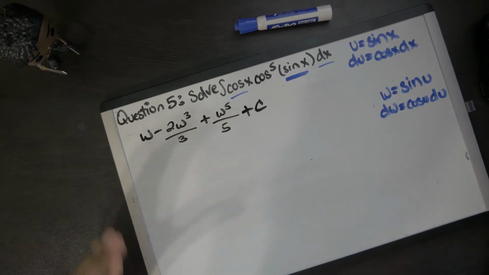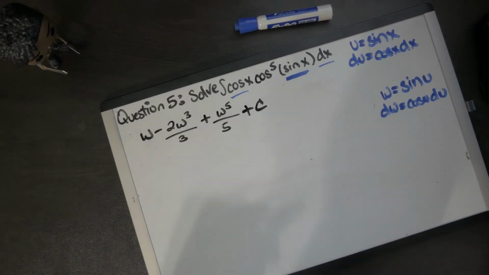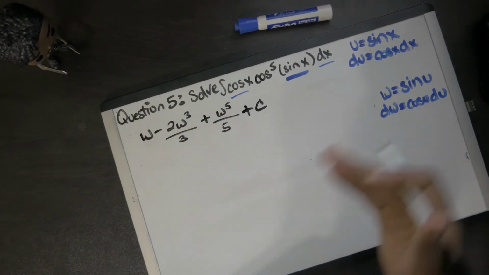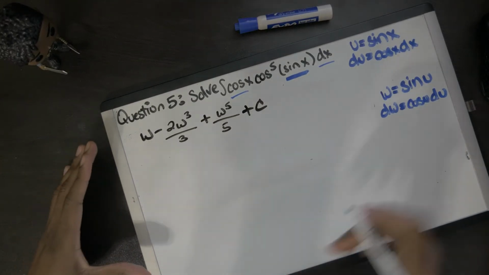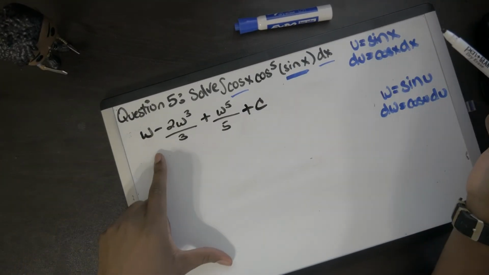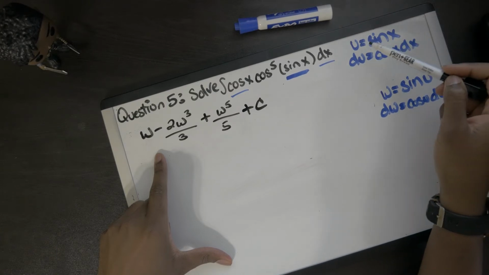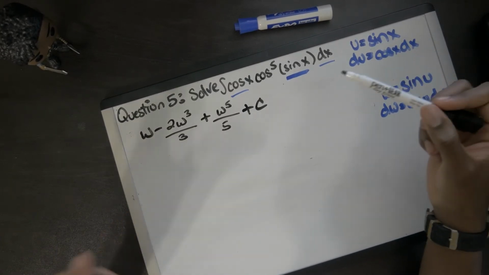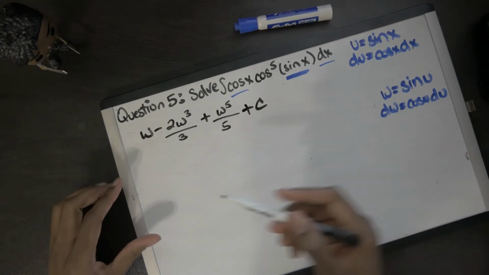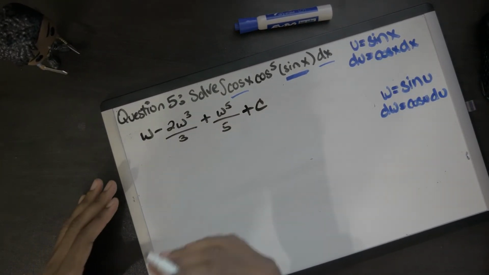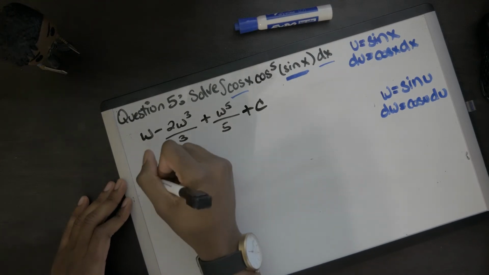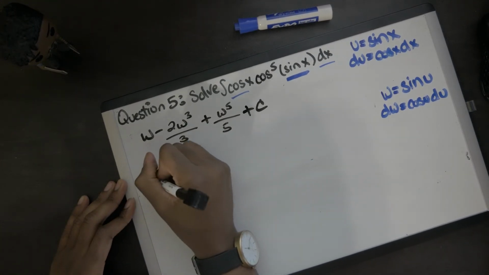So now, because we want to go back in terms of x, we're going to plug back in those values that we had previously. So we know that if we have a w, that represents sine u. So we have w, which is sine u.